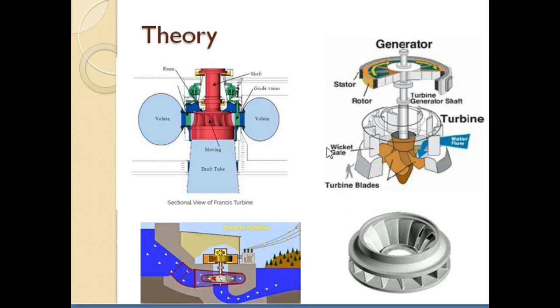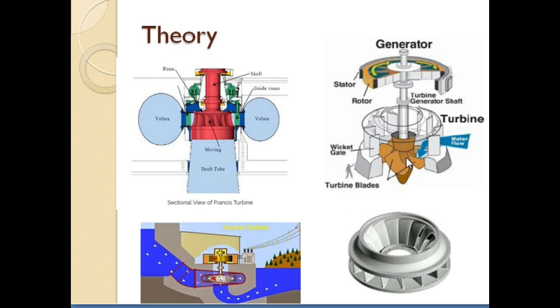We can see the water enters the turbine along the radius and comes out along the axis of the turbine. So this is a mixed flow turbine. We can say it is a radial entry and axial exit turbine.